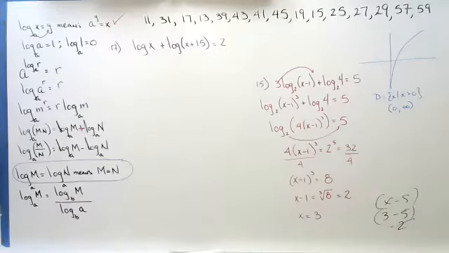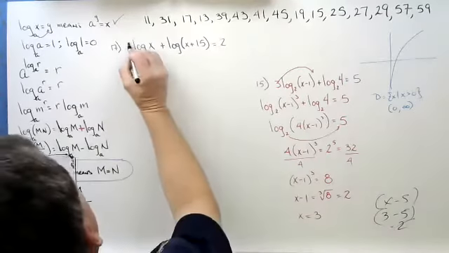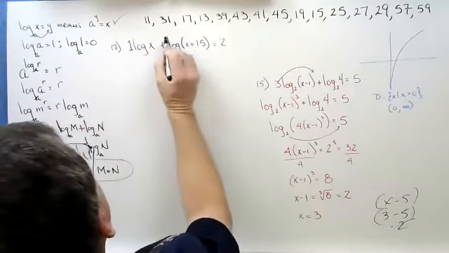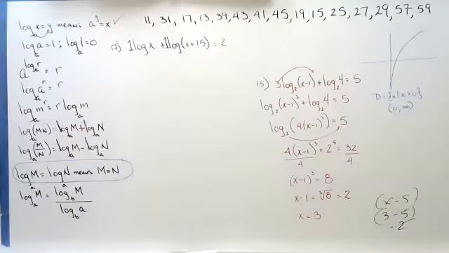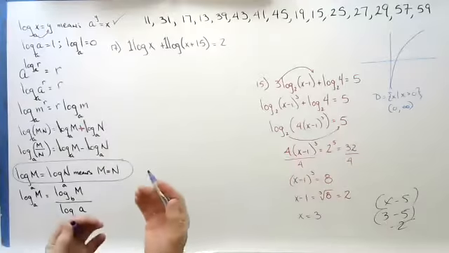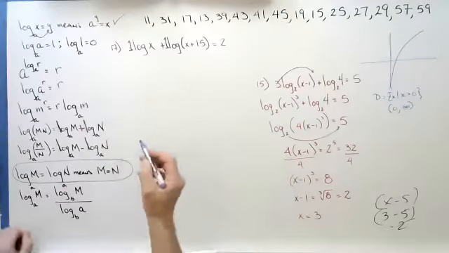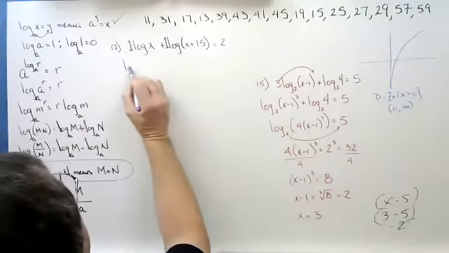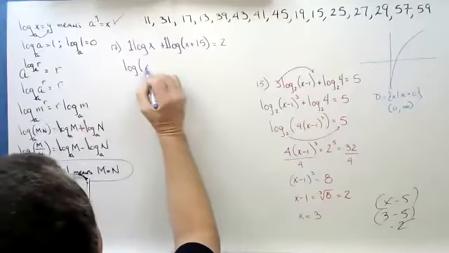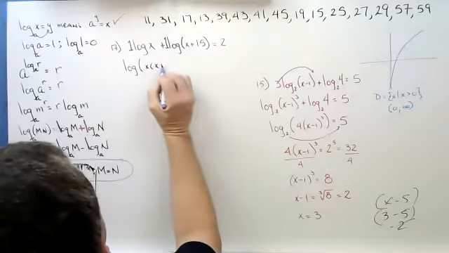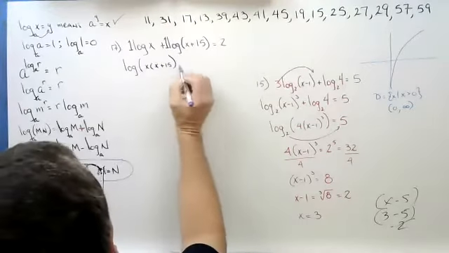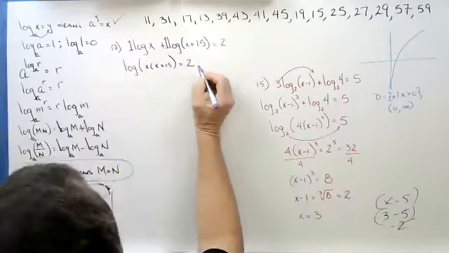Look, they were very nice, right? This is a 1, and this is a 1. We don't have to raise anybody to a power or anything. It's already set up for us to put them together. So I get log of x times x plus 15 equals 2.